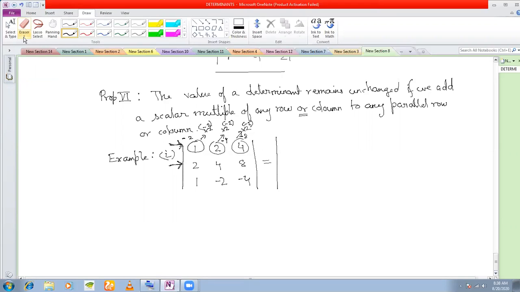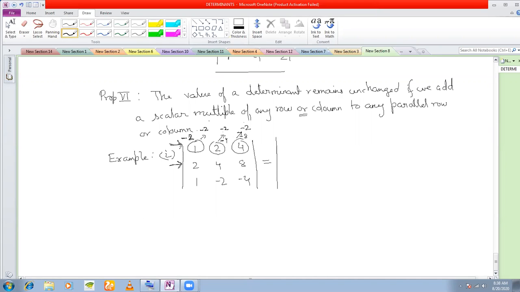Let us understand it this way then, multiplying by minus 2 only. In my mind, I multiply the first row by minus 2, and I get minus 2, minus 4, minus 8.